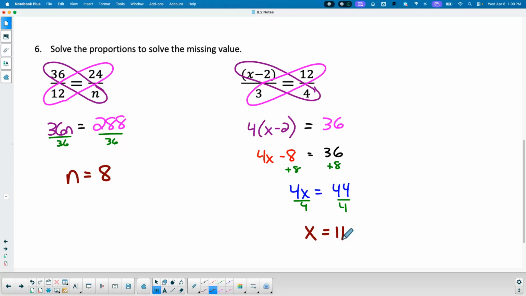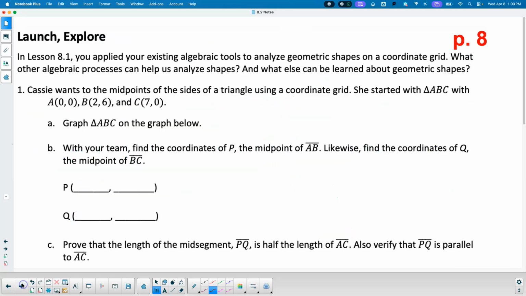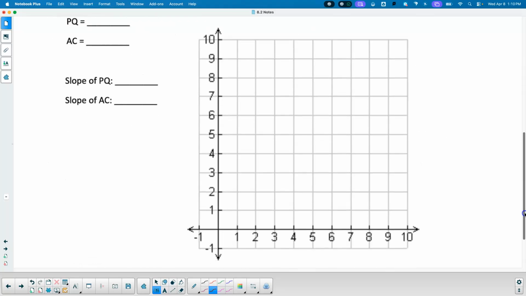Okay. All right. Let's do this. Talking midpoints today. Cassie wants to find the midpoints of the sides of a triangle using a coordinate grid. She started with triangle ABC with point A at the origin. So let's mark that one.